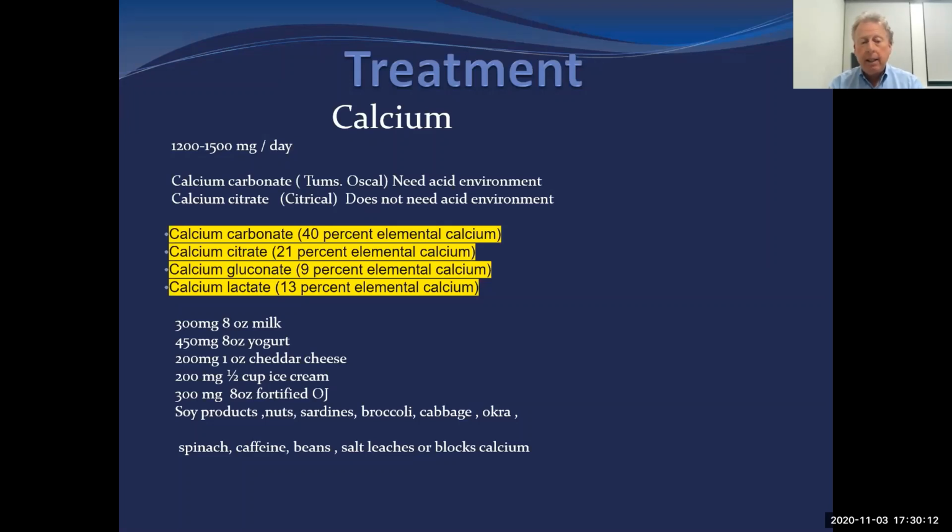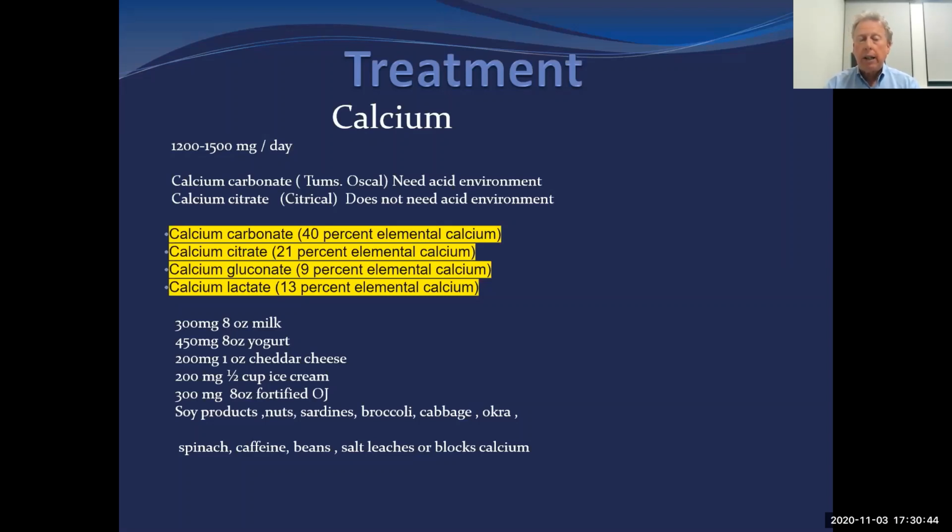How do you get it? Well, you get it from a couple of different sources, and calcium carbonate is the most common way to get it as a supplement. Tums is calcium carbonate, Oscal is calcium carbonate. The problem with these medications is they need an acid environment to be absorbed. So if you have reflux and you're on, let's say, Prilosec or omeprazole, you don't absorb things very well. So what do you do about that?